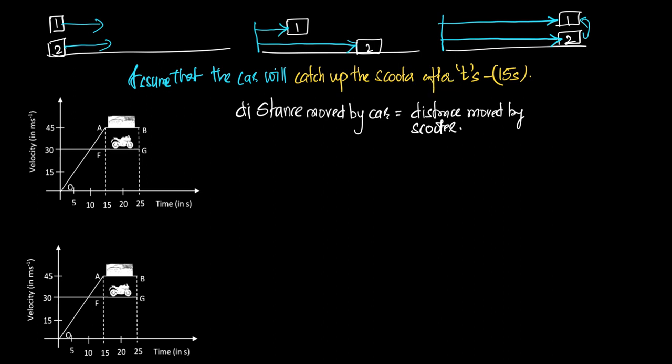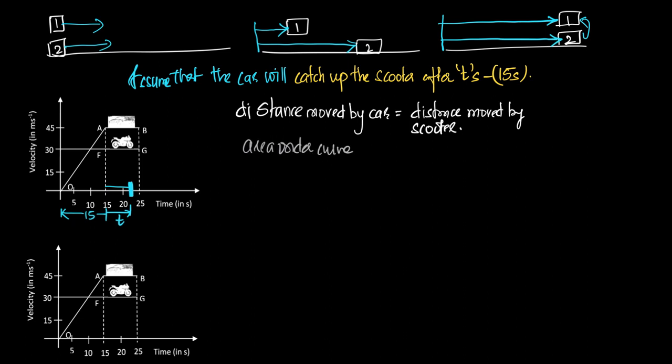So what I'm assuming here is the overtaking takes place t seconds after t is equal to 15. So let us assume that this much time is t. Okay, so the overall duration at which the overtaking takes place is 15 plus t. Now, what is the distance moved by the car? Distance moved by the car is the area under the curve, right?